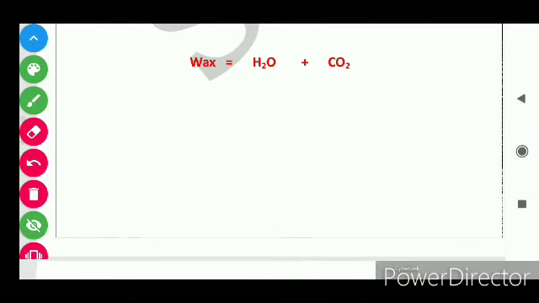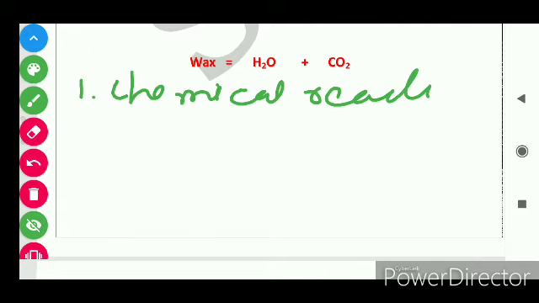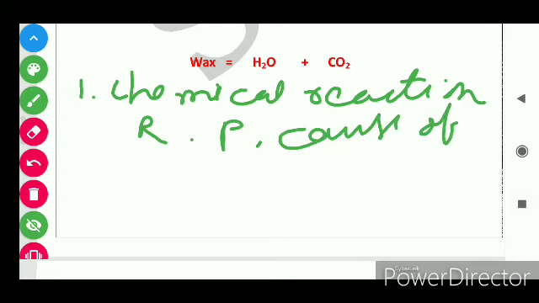Till now in this chapter we learned about chemical reaction: reactant, product and cause of chemical reaction.